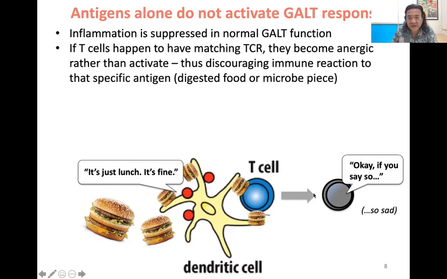So the dendritic cell shows this, and this T cell comes along and says, hey, that's what I recognize, but the dendritic cell says, nah, it's okay. It's just lunch. It's fine. And as a result, this T cell, as part of this oral tolerance training, is eliminated. It becomes anergic. It's sad. It goes off.